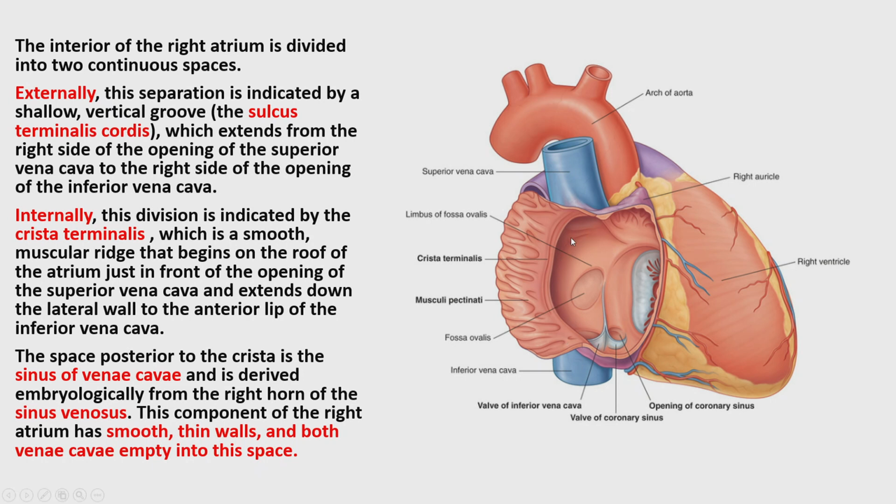And as you see, it is smooth, and the superior vena cava and inferior vena cava are opening in this smooth part of the right atrium.